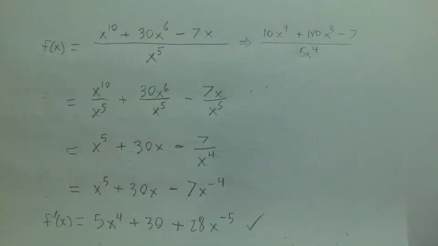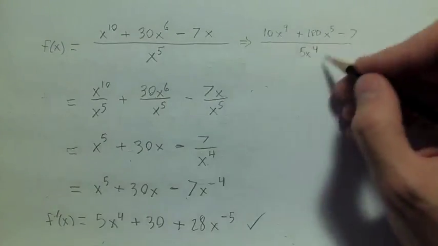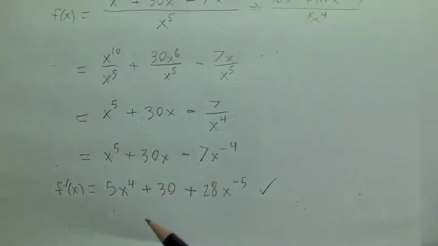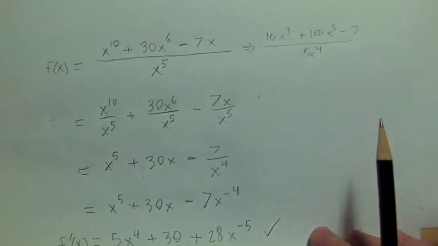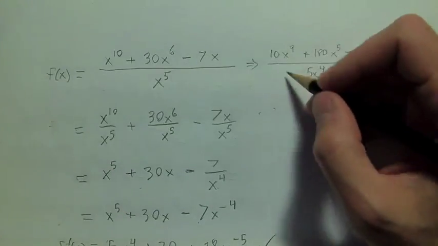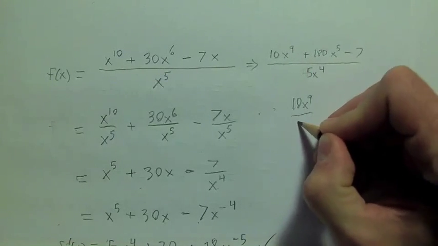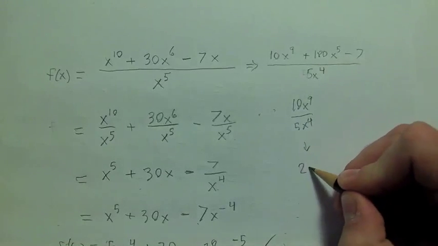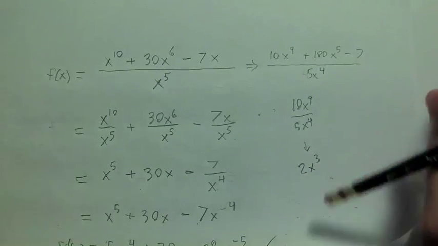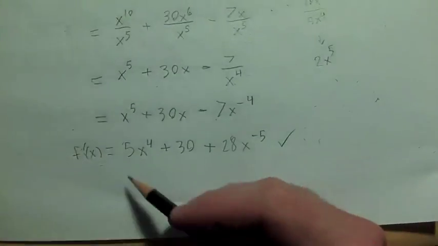Now, when you distribute this across, if you broke this down like we did over here, you're not going to get the same thing, right? Already that first term is going to be 10x to the 9th over 5x to the 4th, which ends up being 2x to the 5th, which is not the first term here.